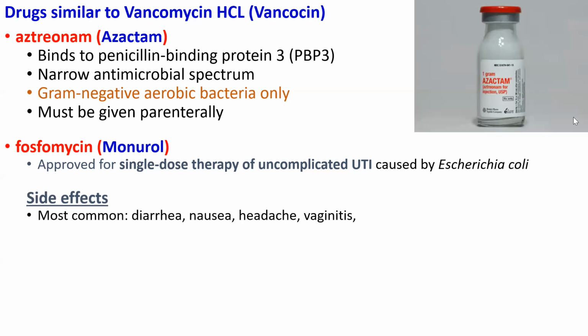That's what is called cross-allergenicity: one drug from the same class may not cause an allergy to another drug from that class. However, gram-negative bacteria with extended spectrum beta-lactamase are resistant to the drug. Aztreonam is available parenterally, intravenously, for treatment of systemic infections.